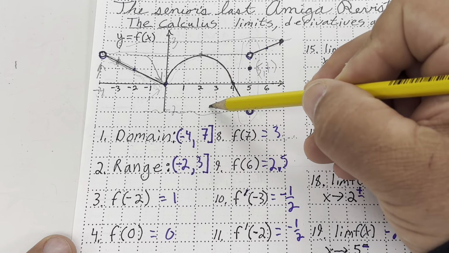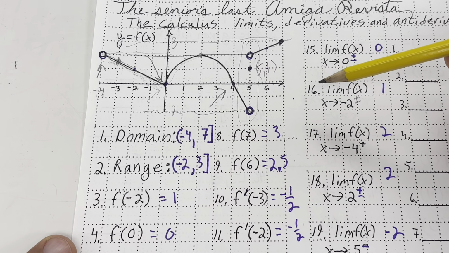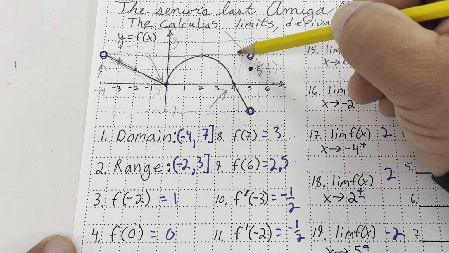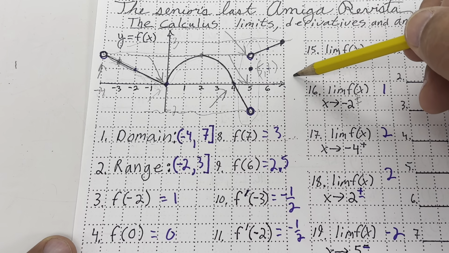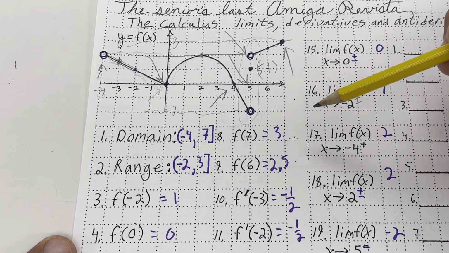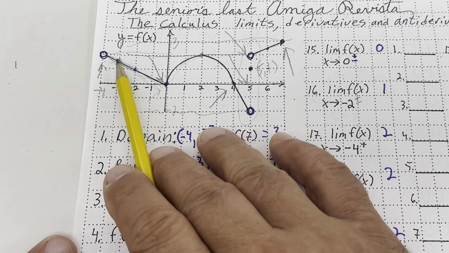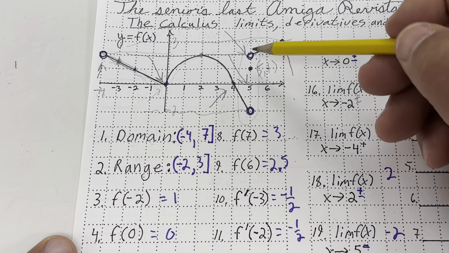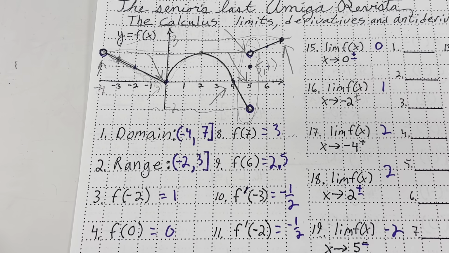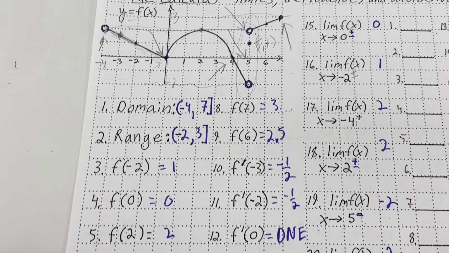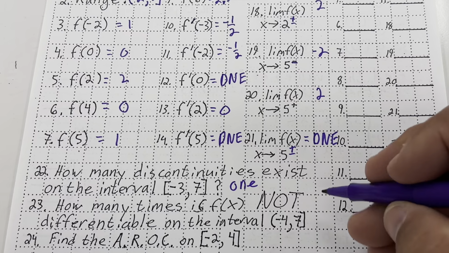You are not allowed to find a derivative at a cusp. You are not allowed to find a derivative at a discontinuity. And then finally, there's another endpoint. So that's 1, 2, 3, 4, 5. There are 5 places where f of x is not differentiable.